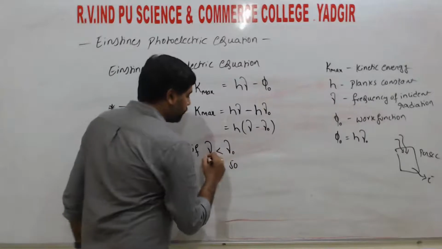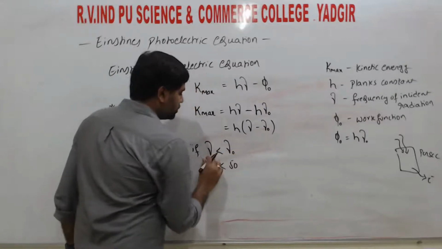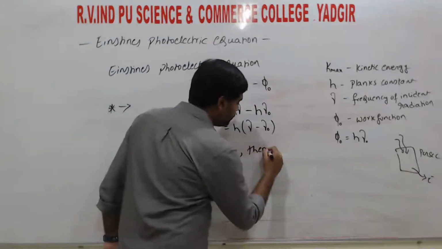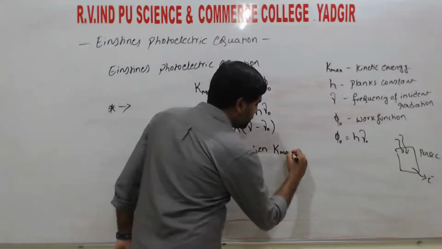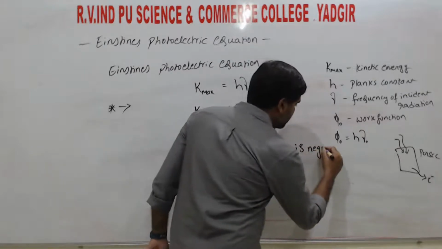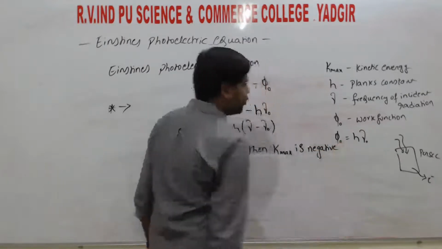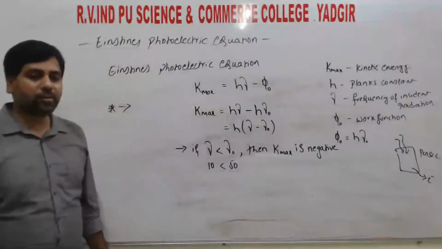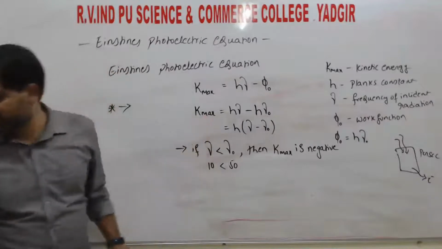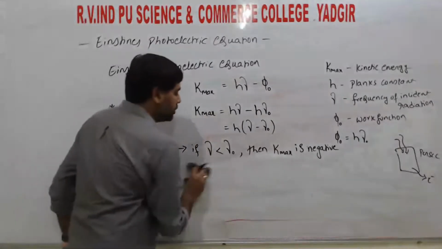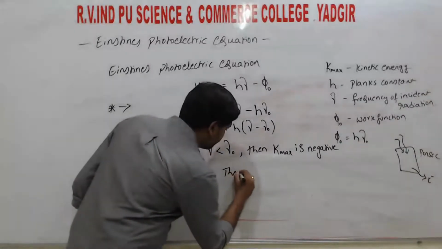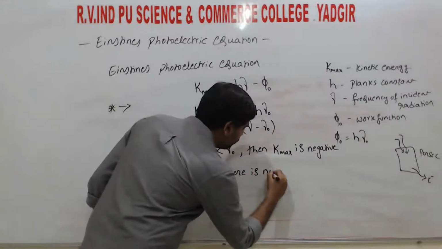So if nu is less than nu naught, then the maximum kinetic energy is negative, nothing but there is no photo emission.